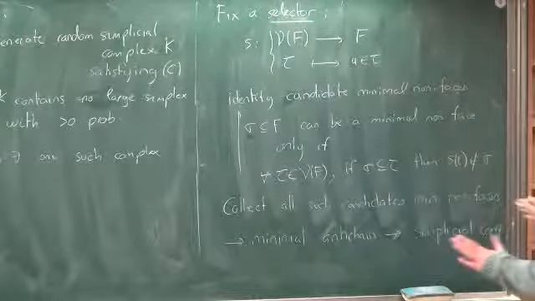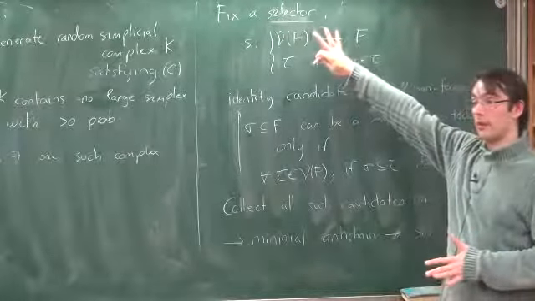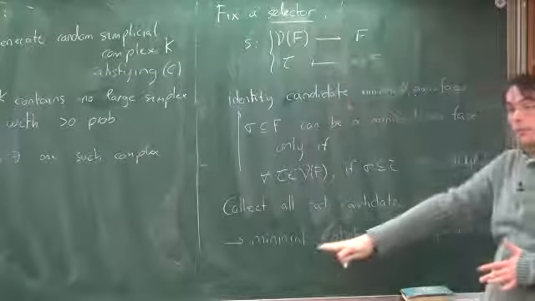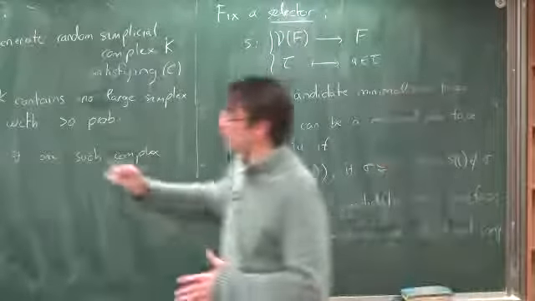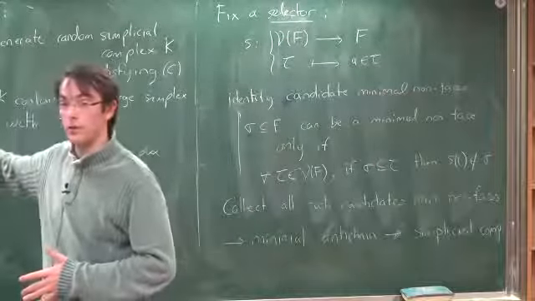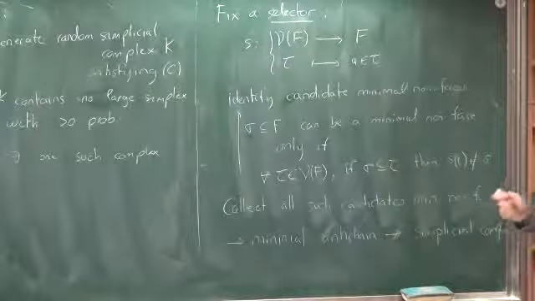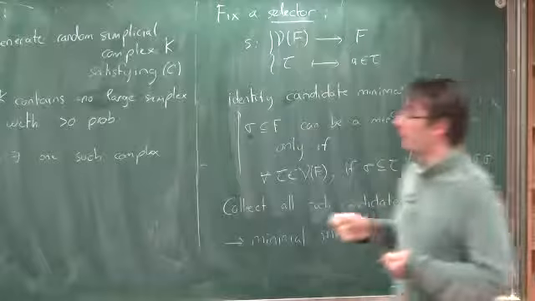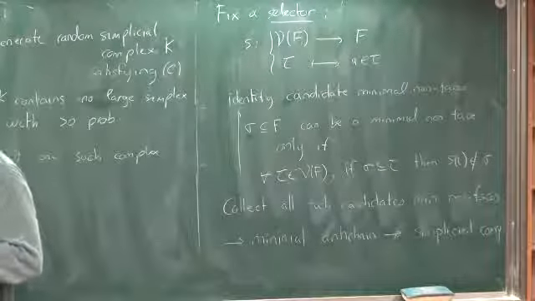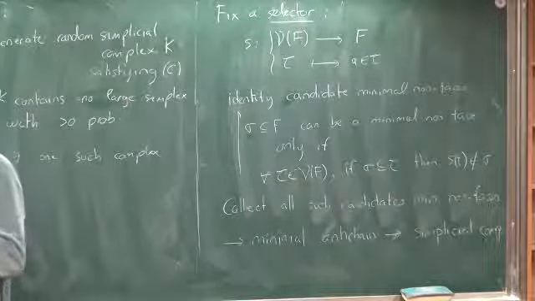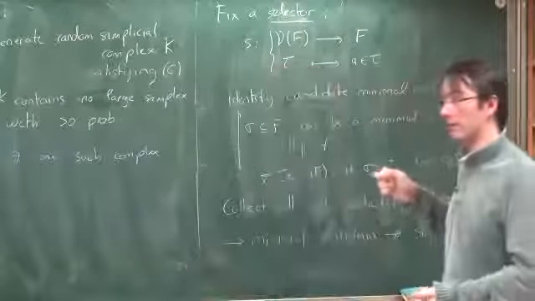What I just described is how, if I fix a selector, I can generate a simplicial complex that will clearly satisfy this condition C, because the selector tells me: pick any face of the Venn diagram, and the vertex selected by this face will not be covered by the minimal non-faces of that complex.